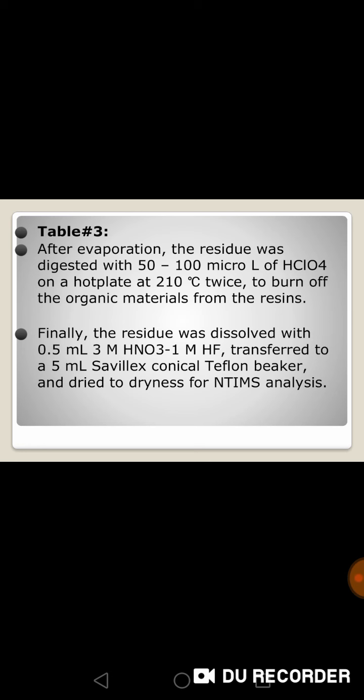Finally, the residue will be dissolved by using 0.5 ml 3 molar HNO3 and 1 molar HF solution, and this will be held in a 5 ml Savillex conical Teflon beaker, and this will be dried to dryness for the MC-ICP-MS analysis.